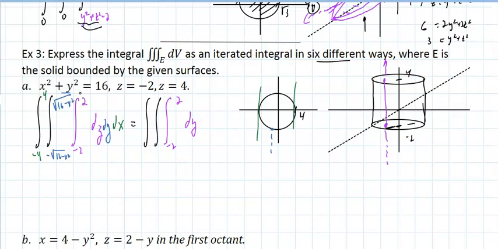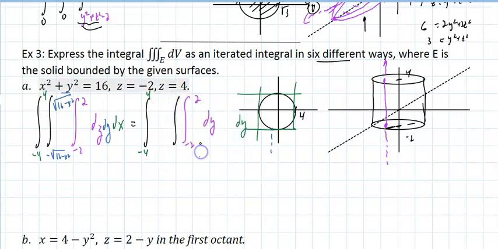That's very good. Or you could have switched it. You could have said, well, no, let y run from negative 4 to positive 4. They're not always symmetric. If this was an ellipse, that wouldn't be the case.